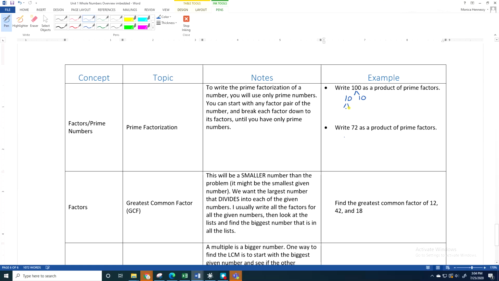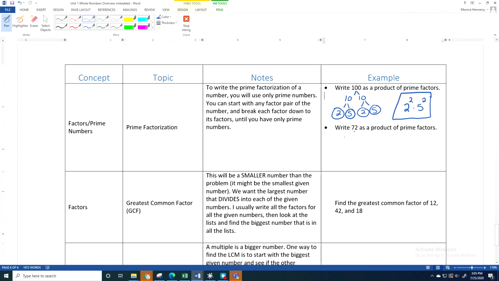Yep, 10 is 2 times 5. 2 is a prime number, so I circle it. 5 is a prime number, so I circle it. And the other 10 is 2 and a 5, and they're both prime numbers, so I circle them. So when I'm listing something as a product of prime factors, I have my prime numbers, which are 2. How many of them do I have? 2. And then 5. And how many 5s do I have? 2. So this is 100 as a product of prime factors.